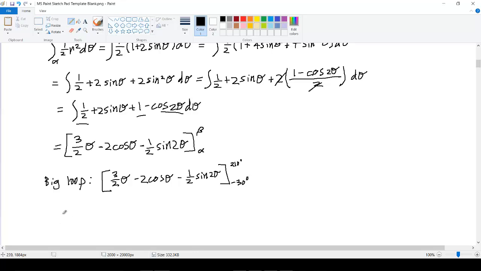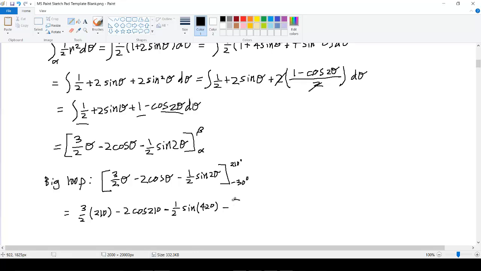Okay. When we work that out, we get 3/2 times 210 minus 2 times the cosine of 210 minus 1/2 times the sine. 2 times 210 is going to be 420.